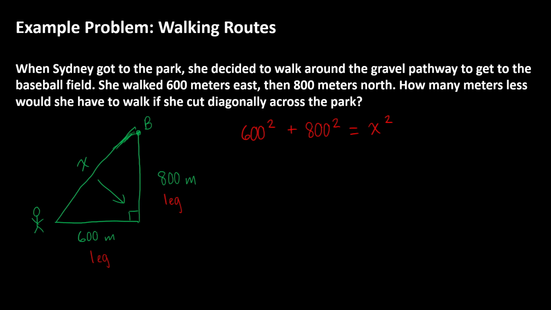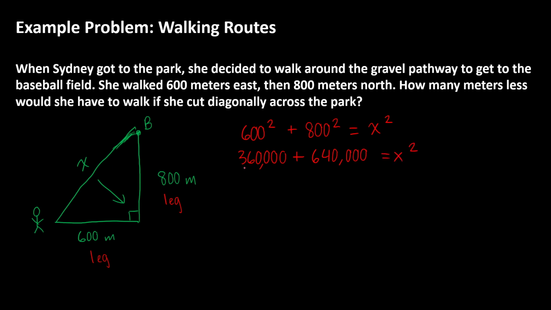From here, we square our sides. 600 times itself is 360,000. Plus 800 squared. 800 times itself, which is going to be 640,000, is equal to x squared.